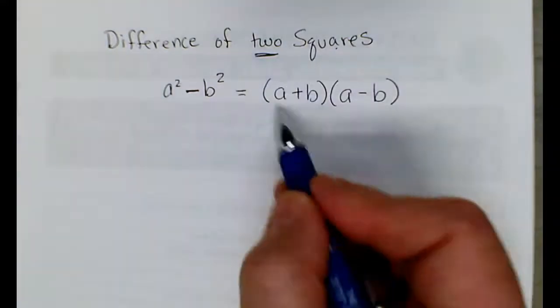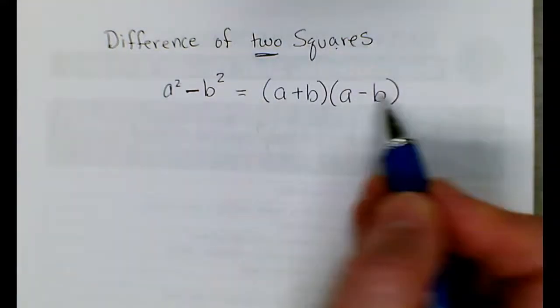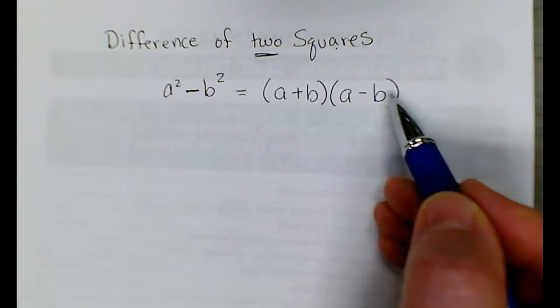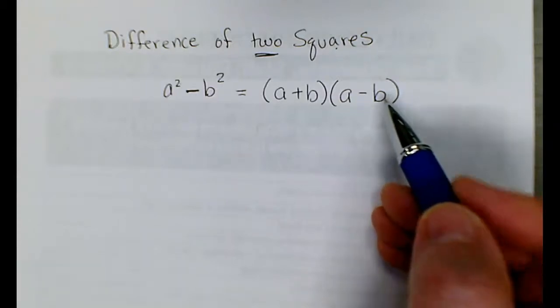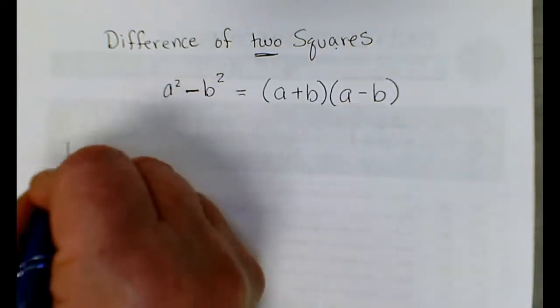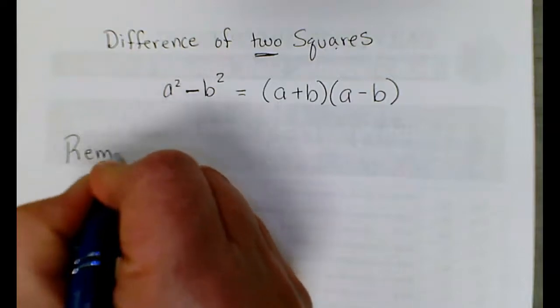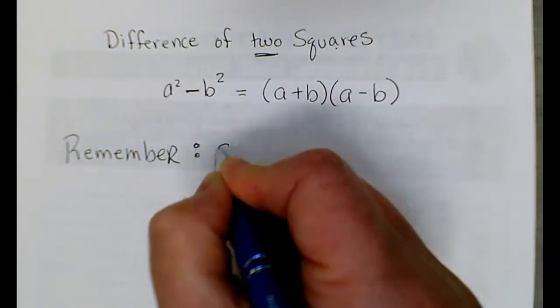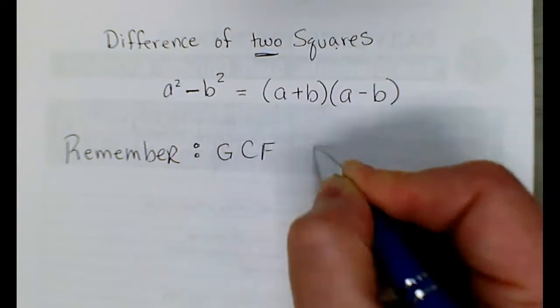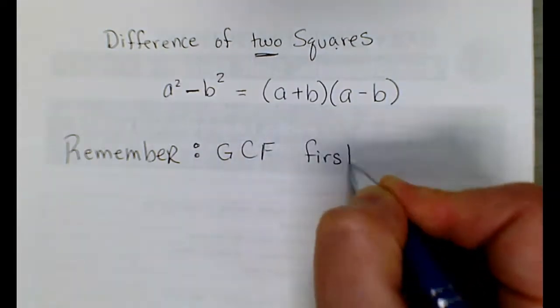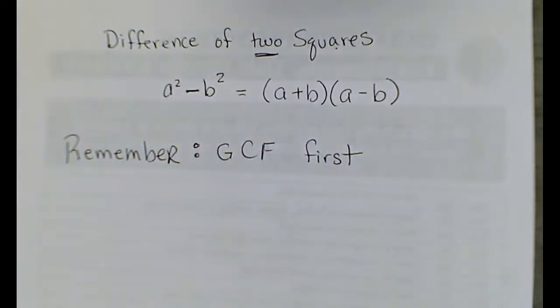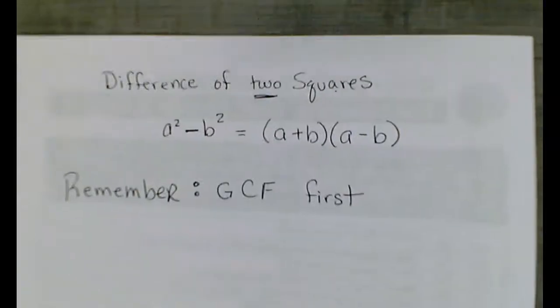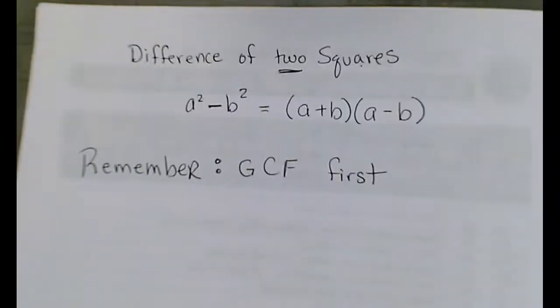Now, when it's factored out, do I have squares anymore? No, because I took the square root. But remember, before I can use this pattern, you must always factor out the GCF first.